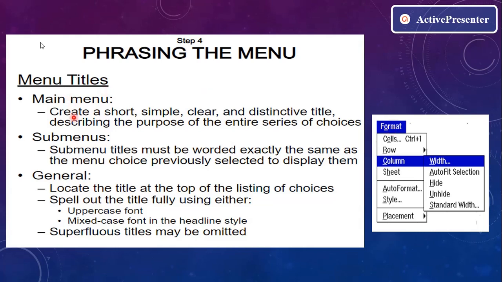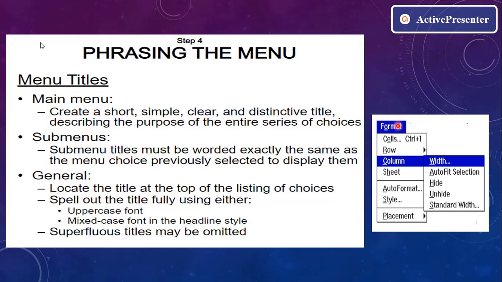So the point here is whenever you create a main menu, it should be very short, simple, clear, and it should be a very distinctive title describing the purpose of the entire series of choices. That means whenever you look at Format, which is an example here, this is a main menu title.